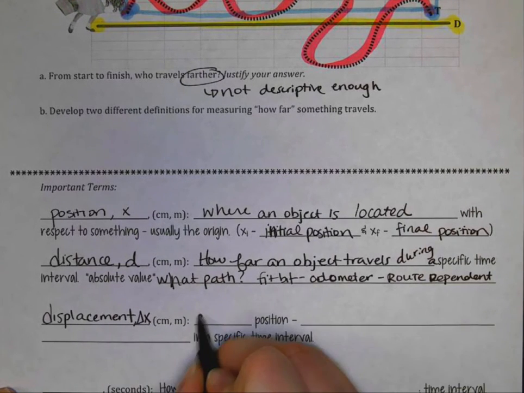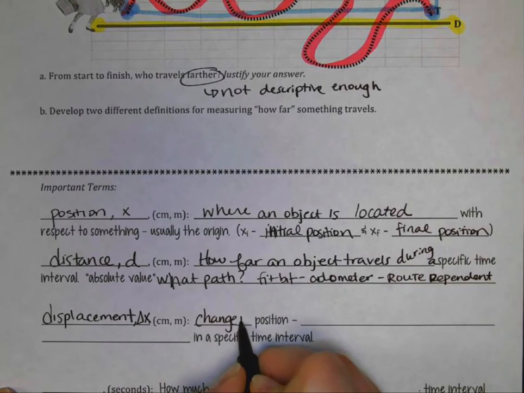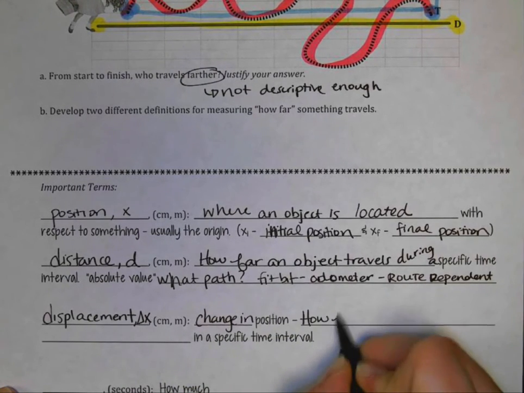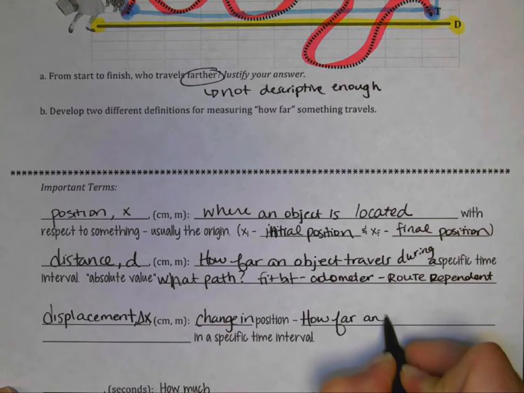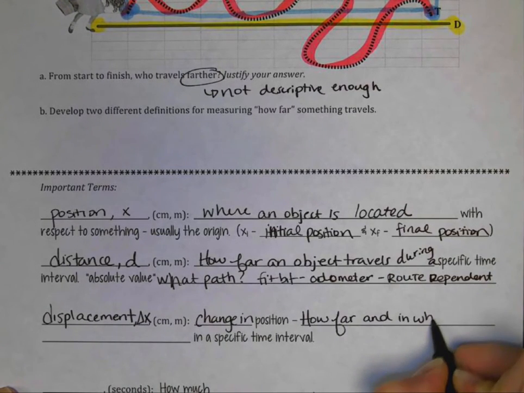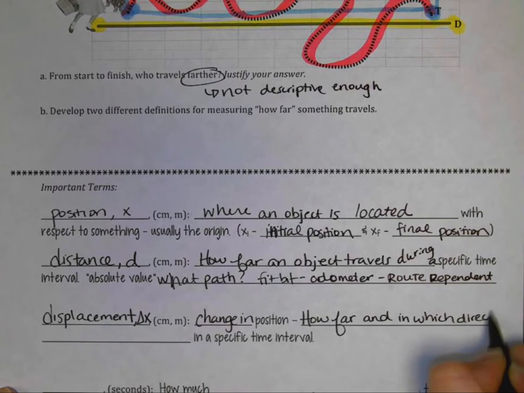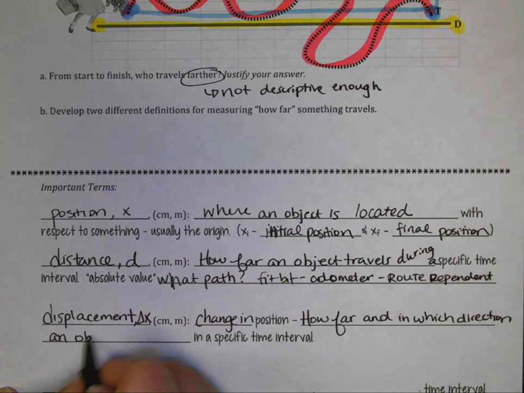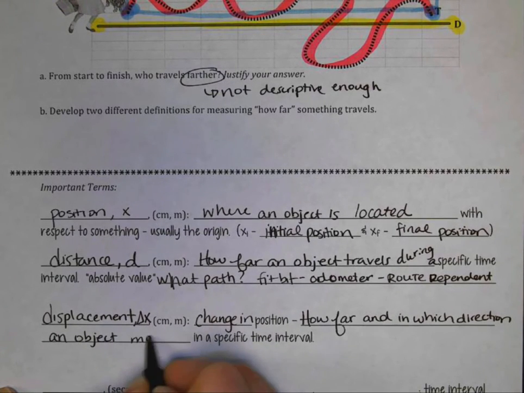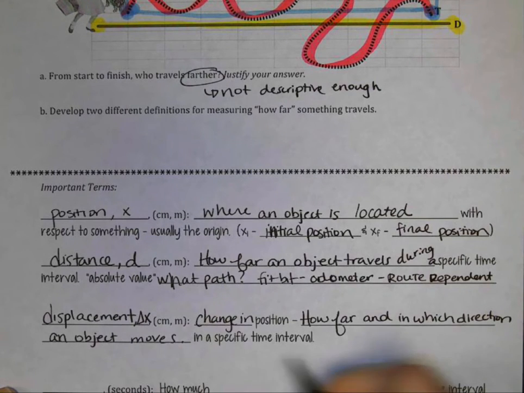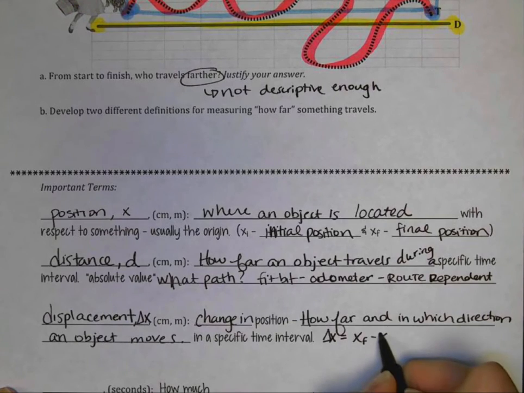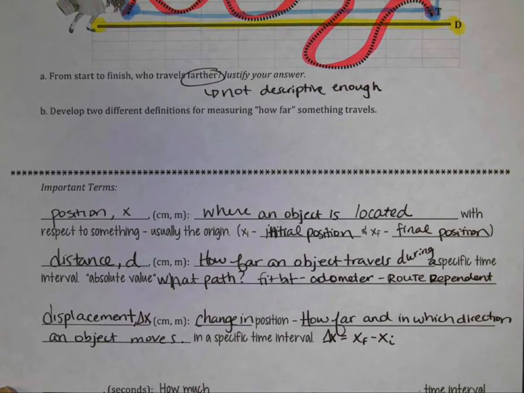This stands for the change in position, or well defined as how far and in which direction an object moves in a specific time interval. And I said delta x because delta x is the same thing as saying final minus initial position. So that's what it's telling us.